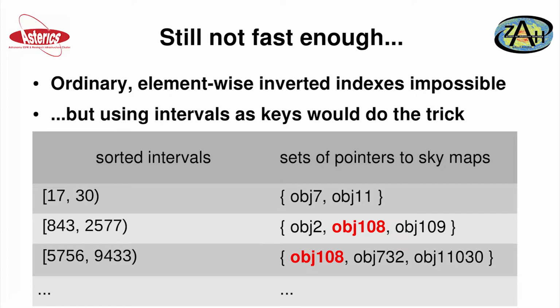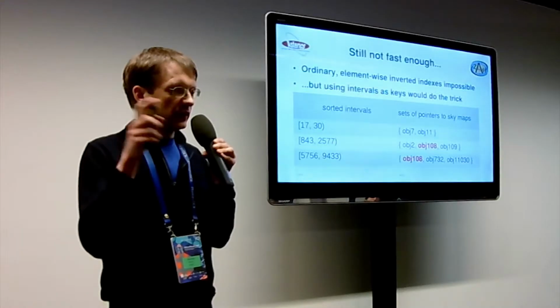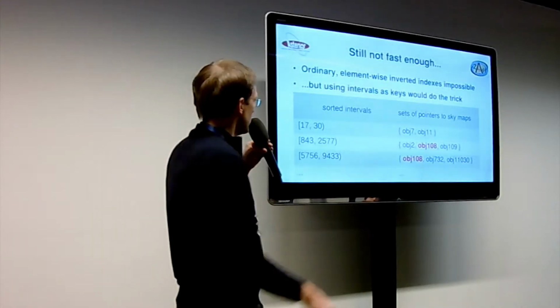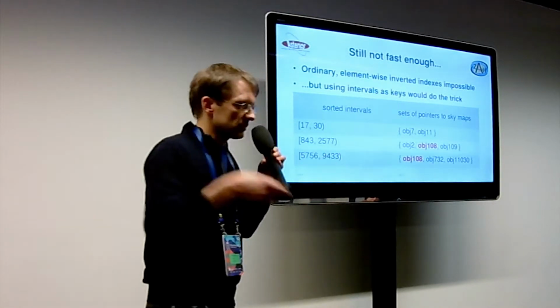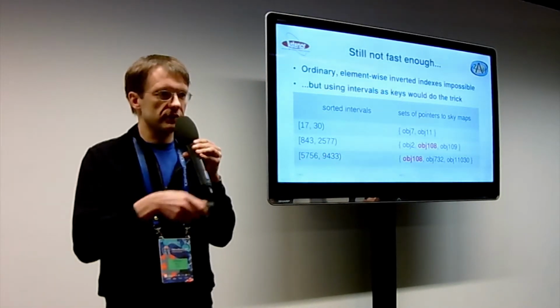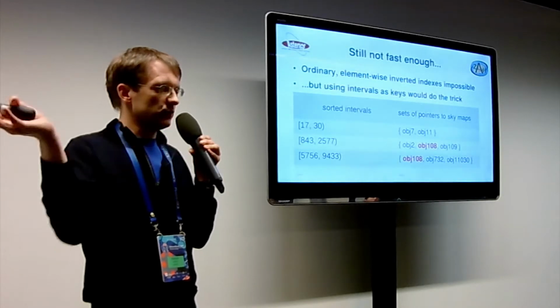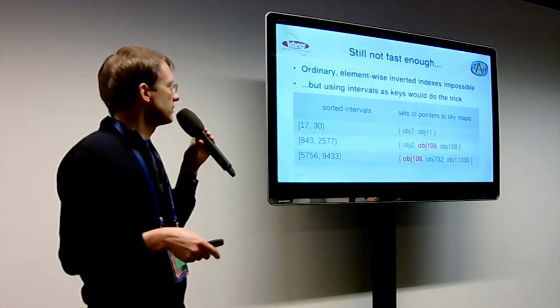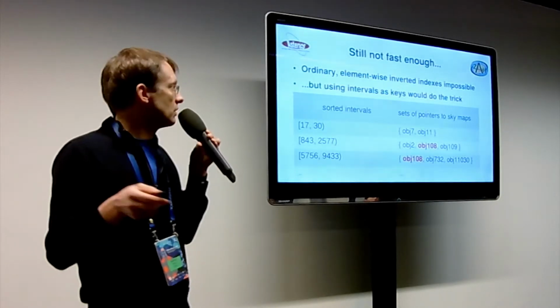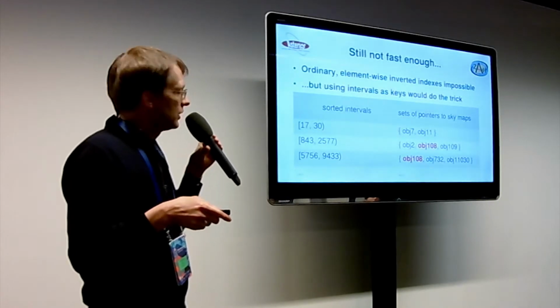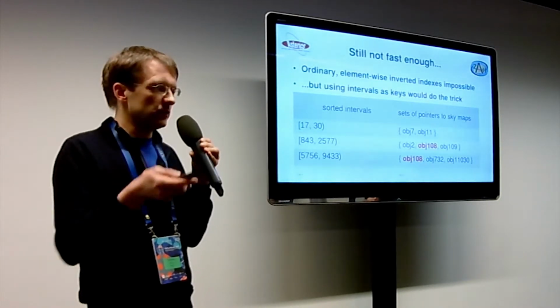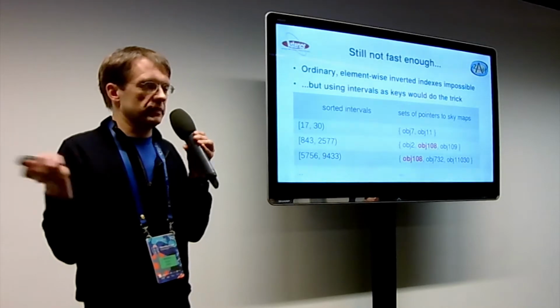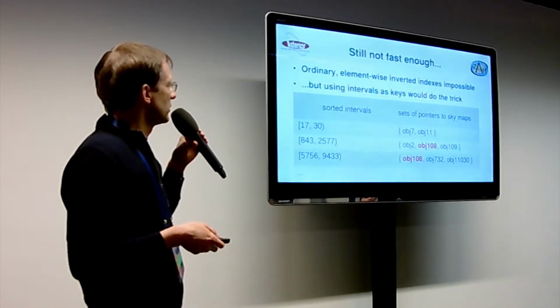I mean, it's clear that if you've got millions of values, well, here you've got just thousands, but in reality you have millions and billions. You can't just put all the elements in. Then you could use these GIN indexes, for example, in Postgres, but here it's not feasible.